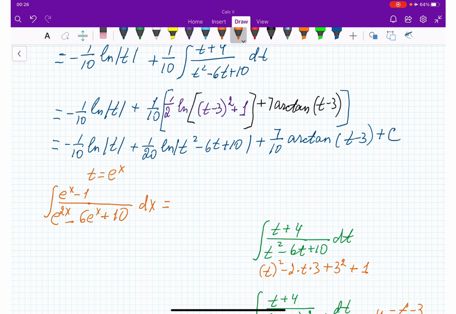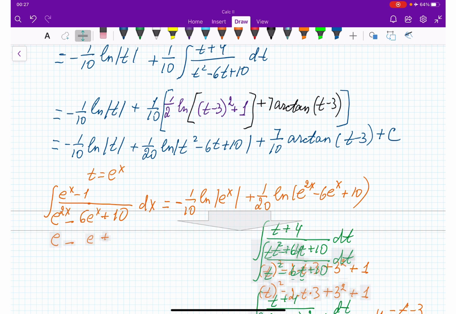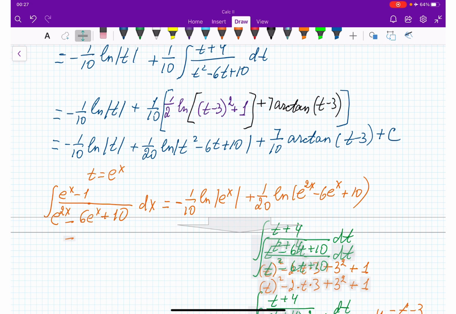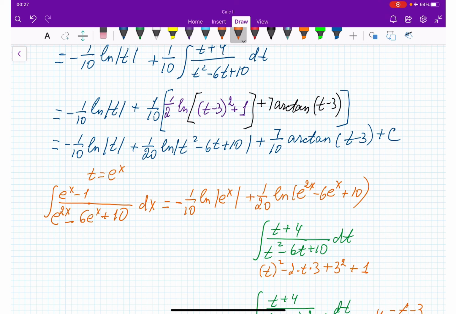so negative 1/10 logarithm e to the power x, plus 1/20 natural logarithm e to the power 2x minus 6e to the power x plus 10. Hold on, I want to push it down.